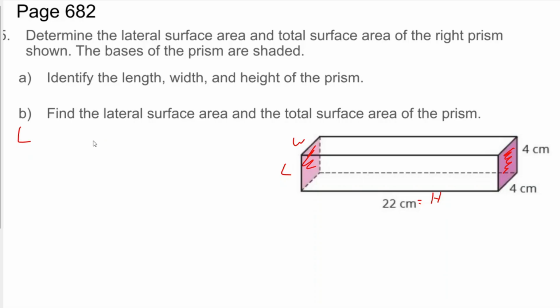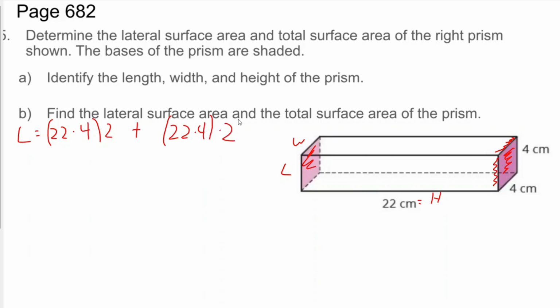So lateral is going to be 22 times 4. That's going to be one of these faces. I'm going to have that times 2, one for this close side, one for the far side. And then the other one would be the same size, 22 times 4, but I was using this 4 for the first time. Now I'm using this 4 for the second one.